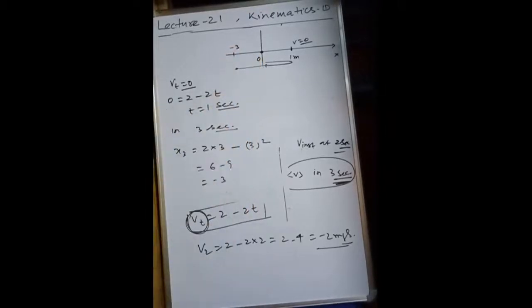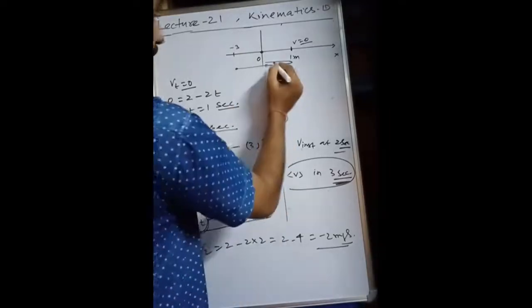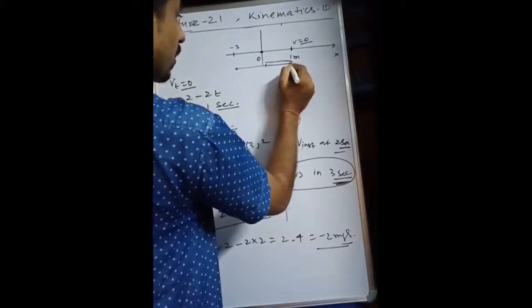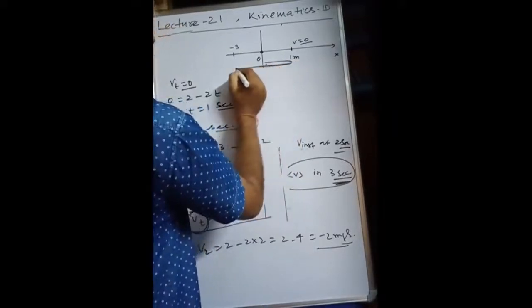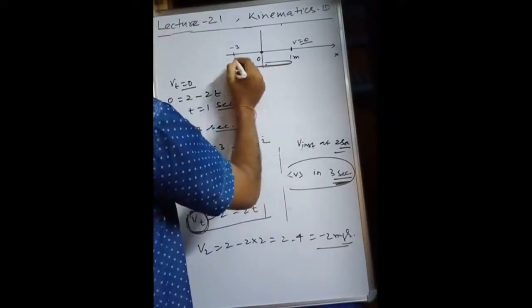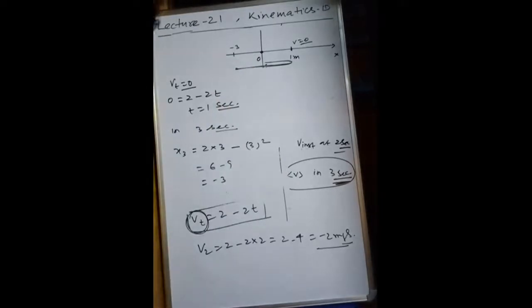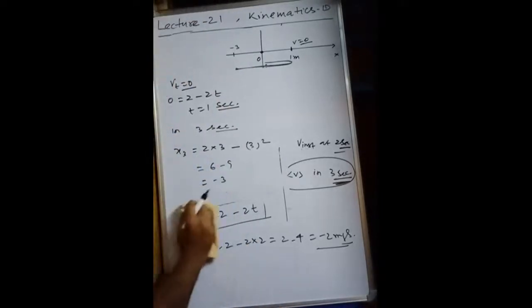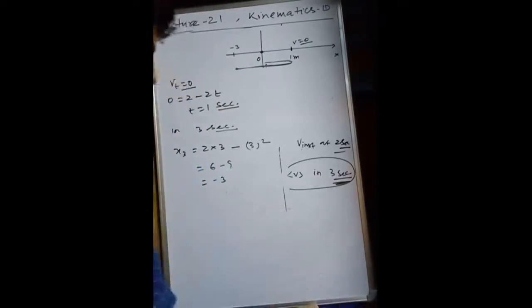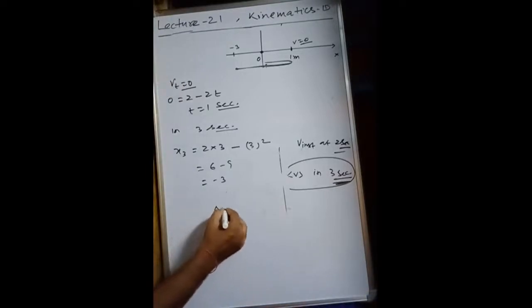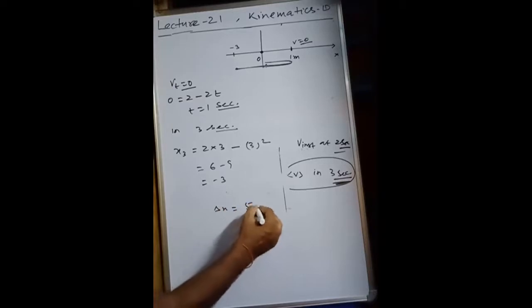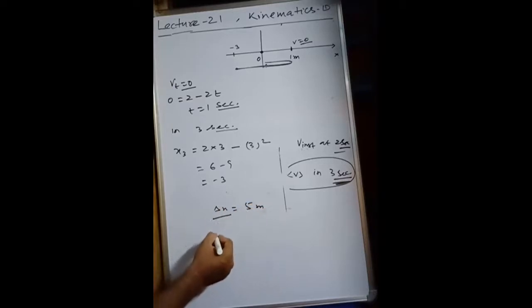Okay, my dear students? Yes. How much distance does this particle cover? Look at here. 1 meter, 1 meter, 2 meter, and then 3. How much? 5 meter. So the total distance covered by the particle is 5 meter, and the total time taken by the particle is how much? 3 seconds.